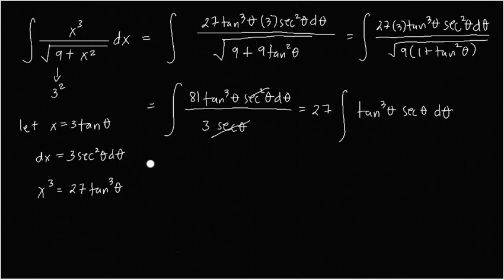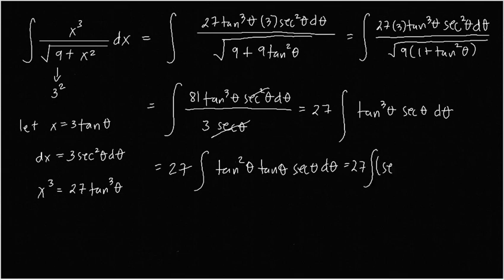Let us express this one as 27 integral of tangent squared of theta, tangent of theta, secant of theta, d theta. And we can express tangent squared of theta as equal to secant squared of theta minus 1 times, rearranging, secant of theta, tangent of theta, d theta.